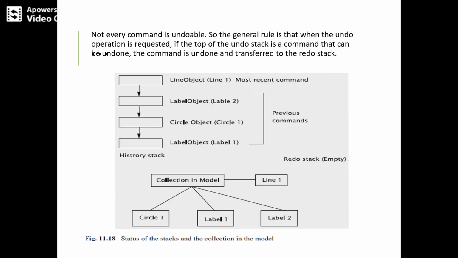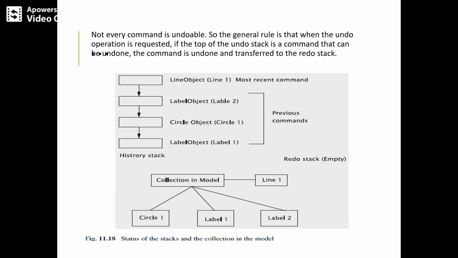Here we said not every command is undoable. The general rule is that when the undo operation is requested, if the top of the undo stack is a command that can be undone, or undoable, the command is undone and transferred to the redo stack.